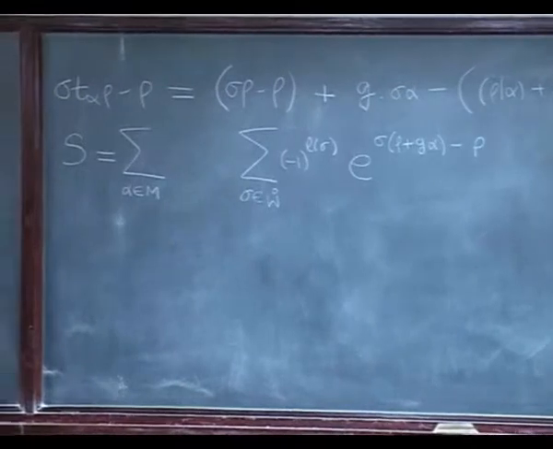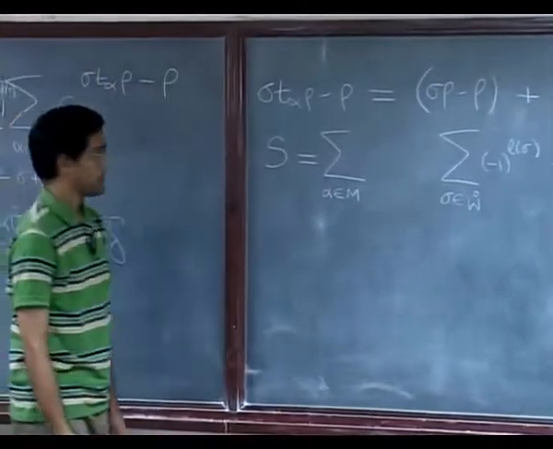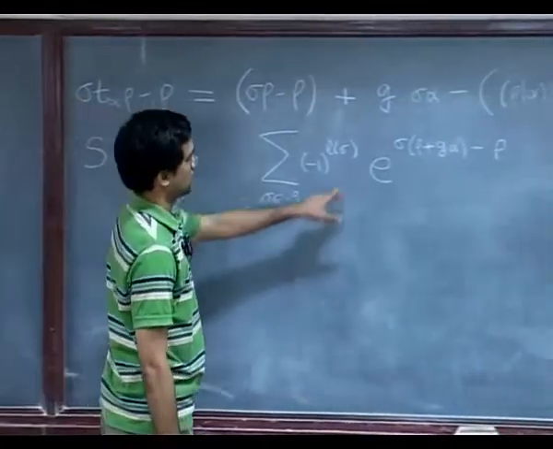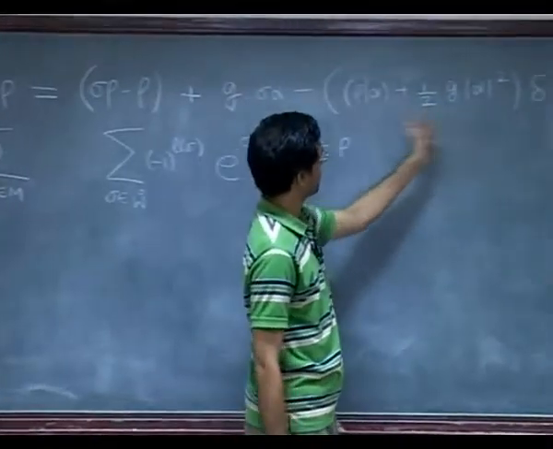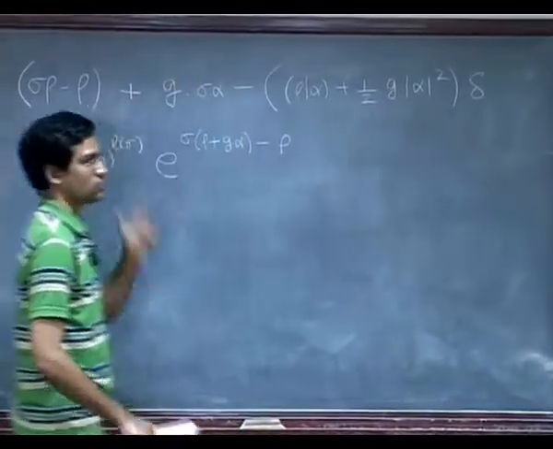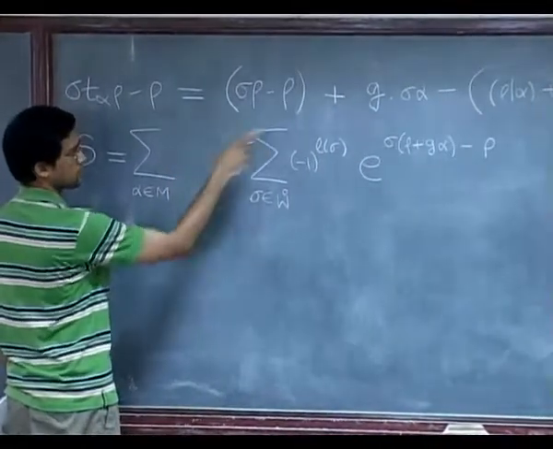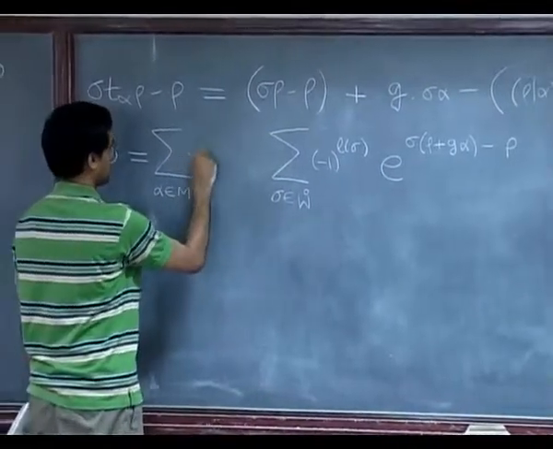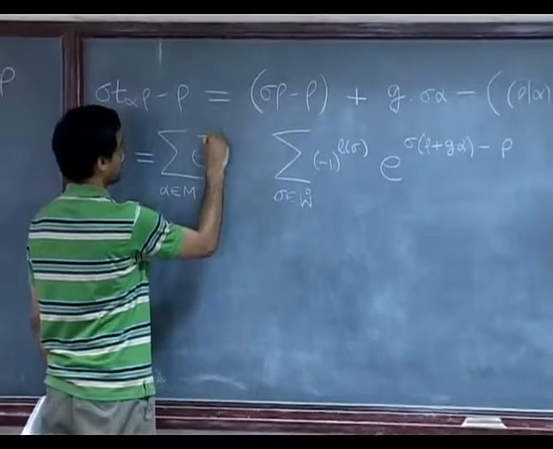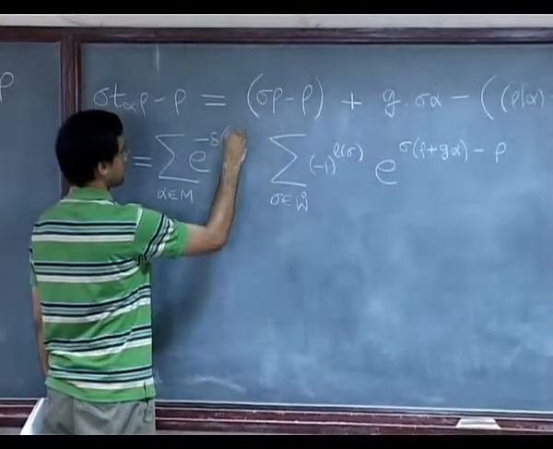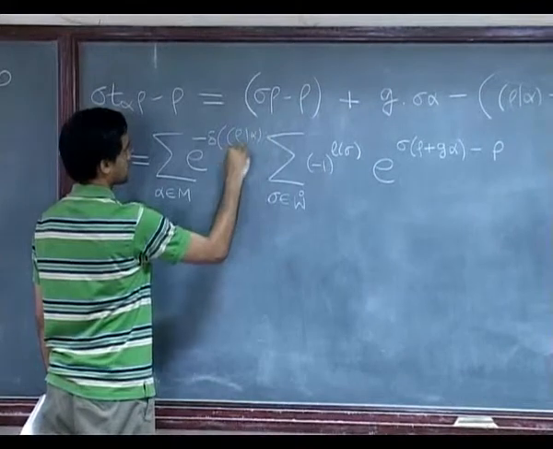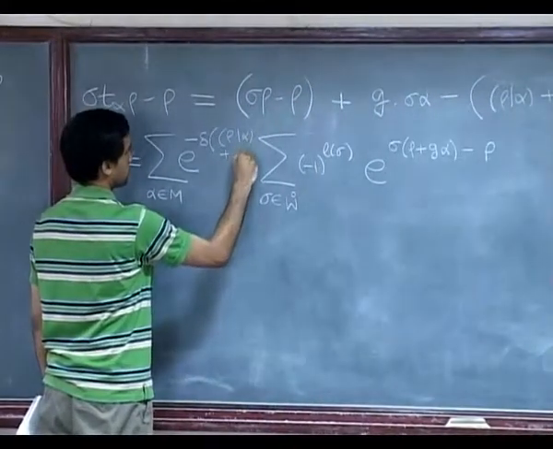The other terms don't have sigmas in them, so I can pull them out of the sigma summation and write e to the minus delta times whatever I have there, rho alpha plus half g mod alpha square.